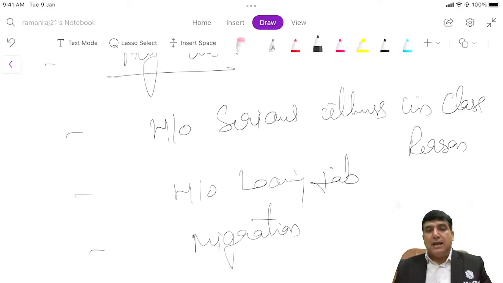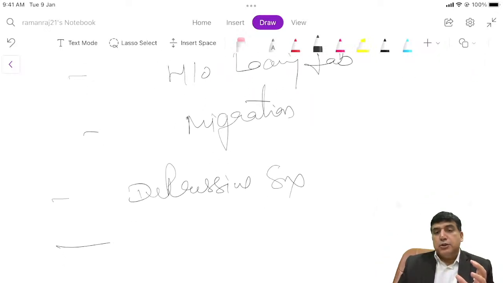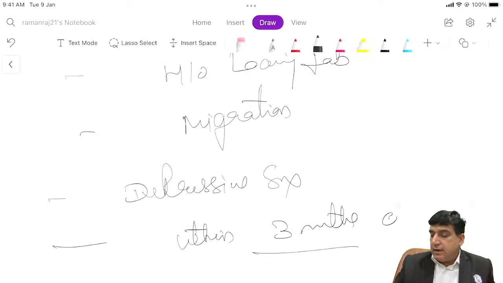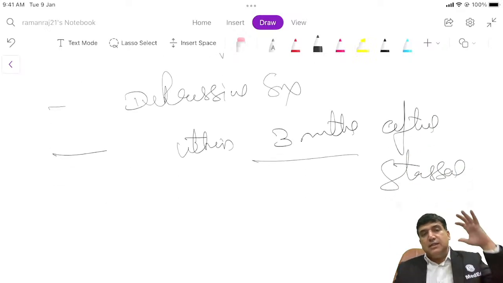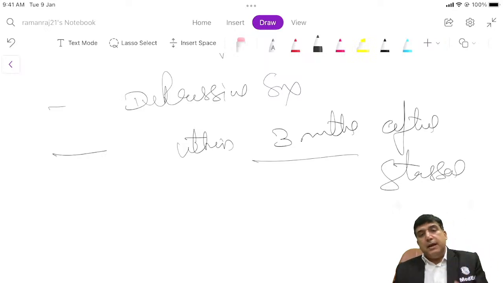The person is not able to handle that stress and develops depressive symptoms. So the second point will be depressive symptoms. Usually, please remember, these depressive symptoms should develop within 3 months after the stress. Suppose today the person lost the job and after 6, 7 or 8 months he developed depression, then it is not adjustment disorder, it is independent depression.